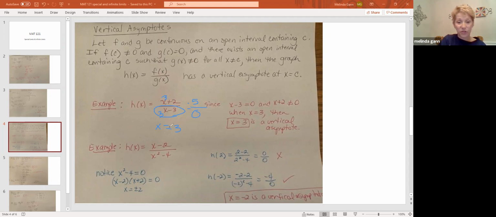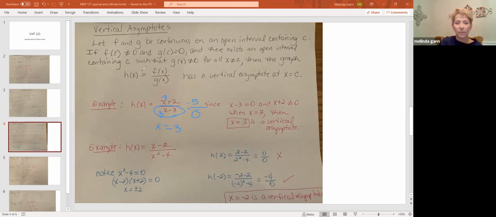Okay, but now I want to make sure we're clear about something. See, what numbers make this denominator equal 0? Well, if you factor that, it factors into x minus 2 and x plus 2, so you get 2 answers. Well, I've got to plug both of those answers in, and it's got to make the bottom 0 and not make the top 0. So when I plugged in 2, the top and the bottom went to 0.